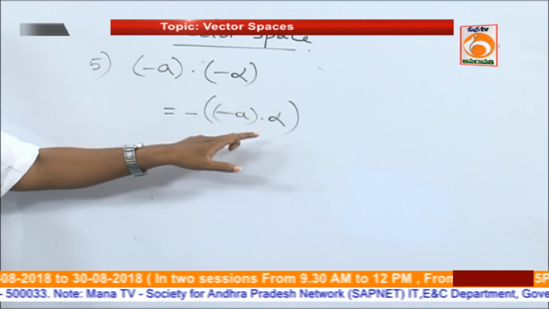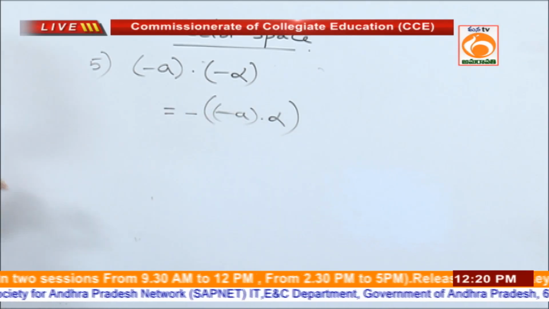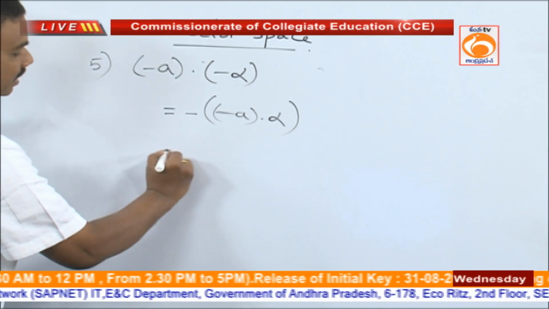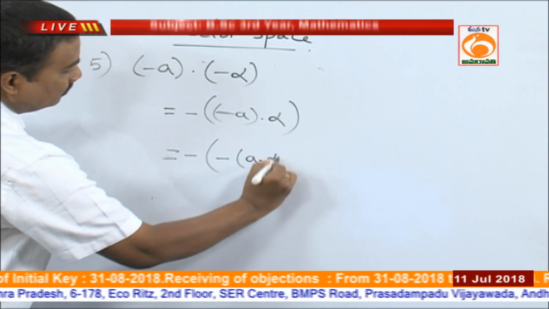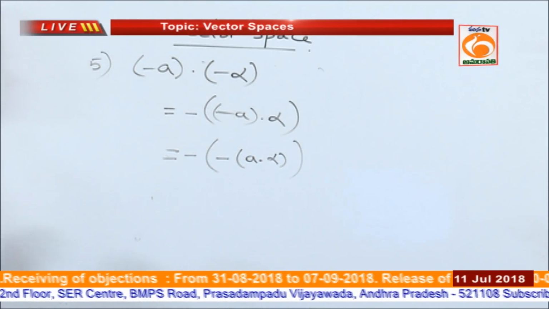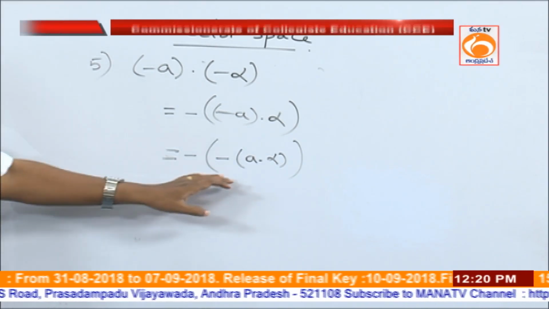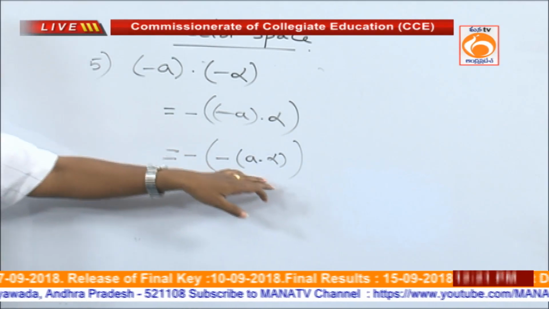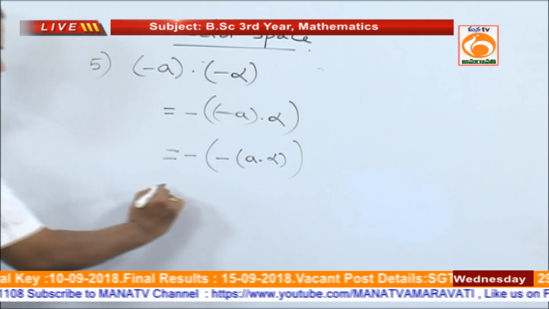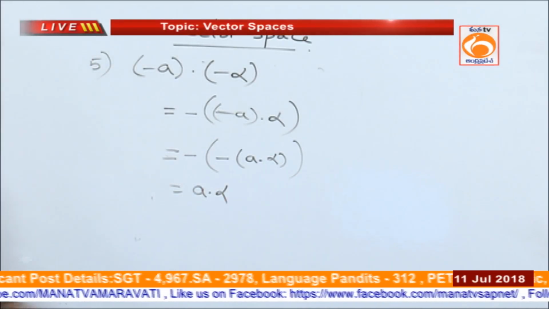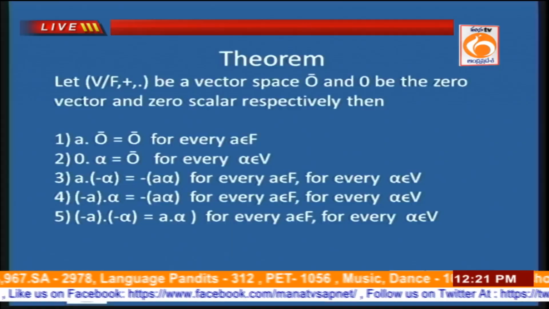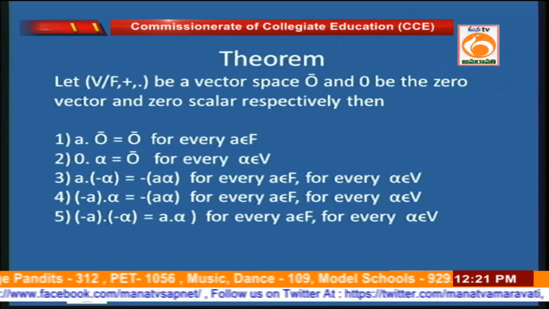Minus A dot alpha is nothing but minus of A dot alpha. So, we get minus of minus of A dot alpha. But what is minus of minus of A dot alpha? It is the inverse of the inverse of A dot alpha, which is nothing but A dot alpha. So, that is what the fifth result says, very simply proved using the third result and the fourth result.